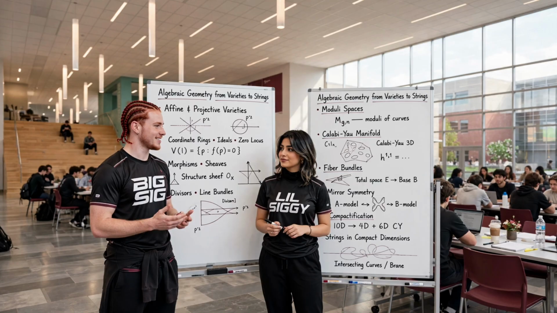Which means we only have two geometric outcomes for our variety, right? If g of z turns out to be the zero polynomial, every point in the complex space is a solution. Right. Your variety is the entire affine line. But if g of z is anything else, anything at all, the fundamental theorem of algebra dictates that it factors into a finite product of linear terms. Exactly.